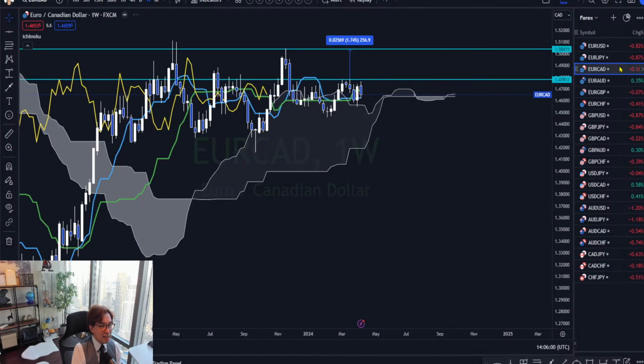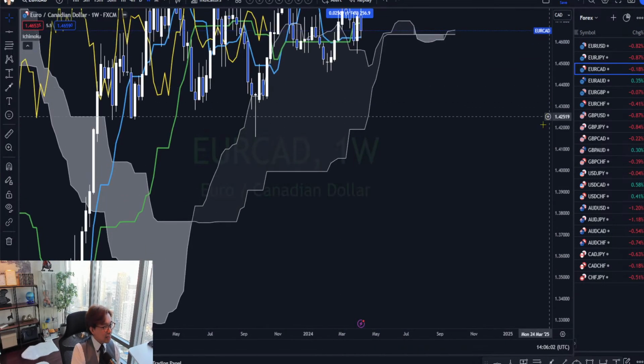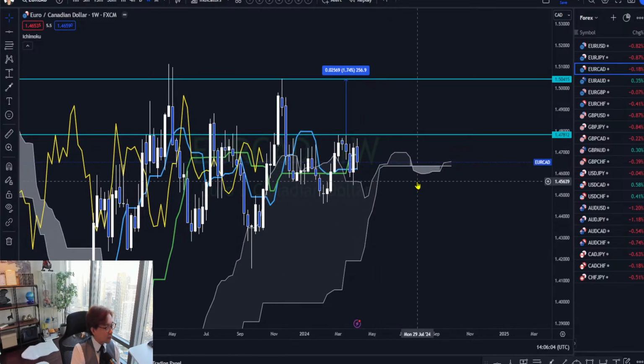And the next is Euro CAD. Euro CAD has been ranging. There is no direction so far. Kumo is flat, Kijun Sen and Tenkan Sen are both flat, and the Chikou span is very close to the candles. So we have no idea whether the candlestick becomes bullish or bearish this week. I'm still waiting for the breakout of the resistance 1.4781, but so far it's been ranging.